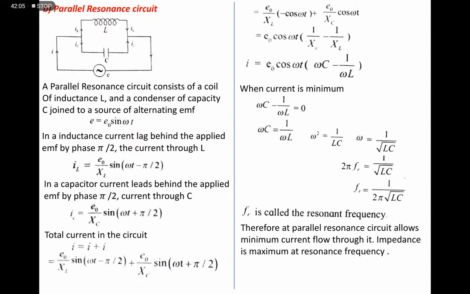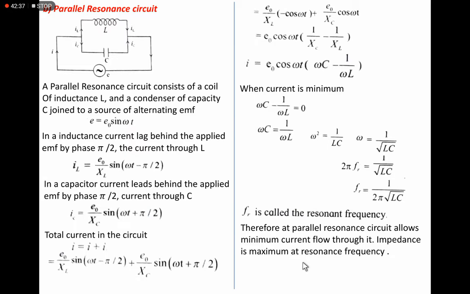How is the impedance maximum across the LC circuit? Because at the particular frequency, the inductive reactance and capacitive reactance become equal. So in a parallel resonance circuit, the impedance becomes maximum and the current becomes minimum.